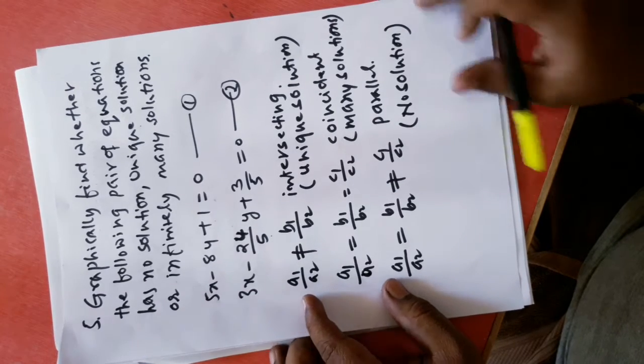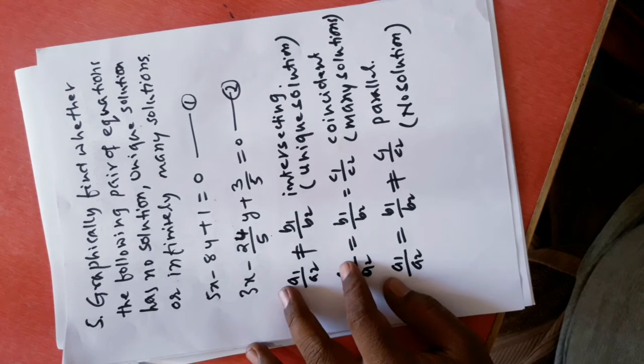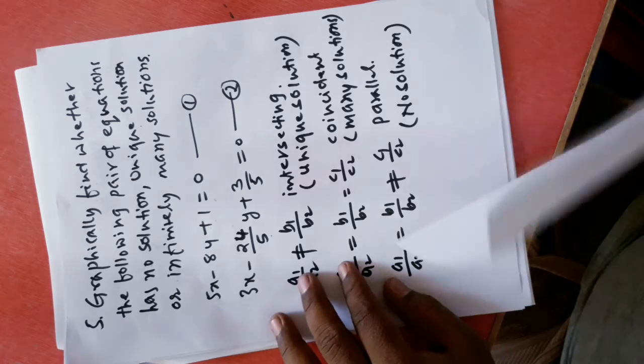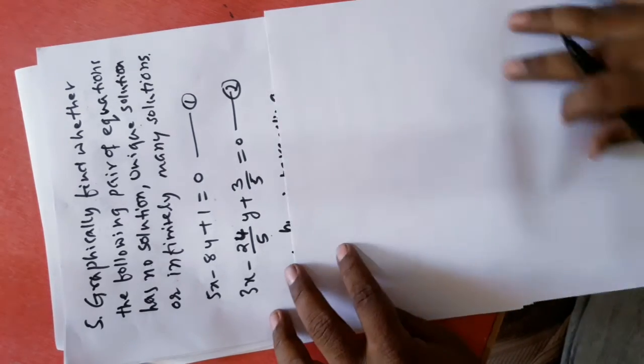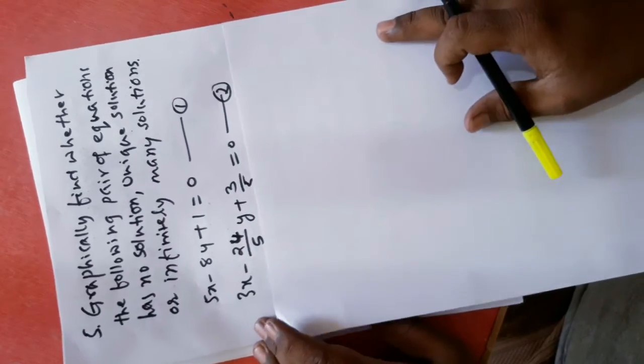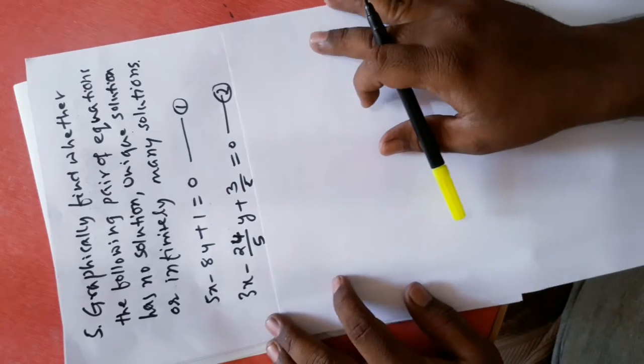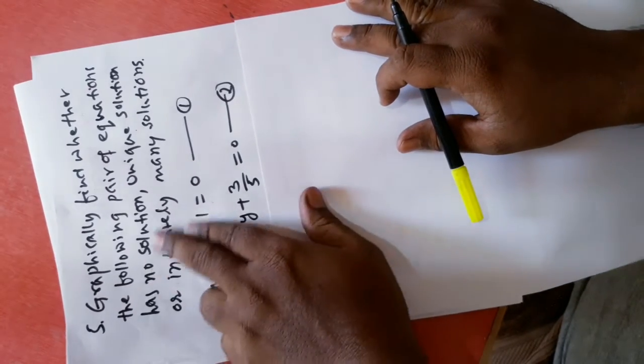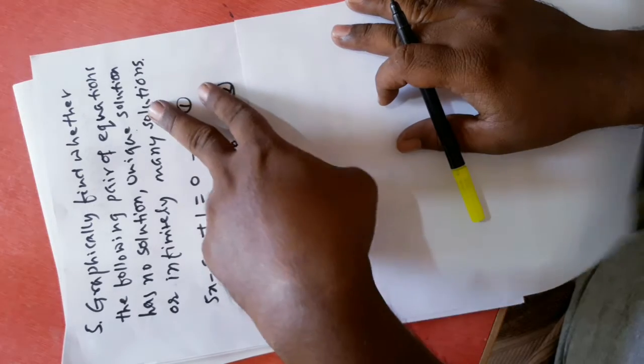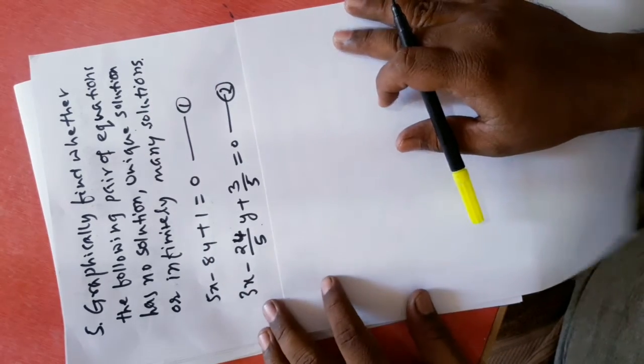Now let us solve this example and see whether these two pairs of equations are consistent or inconsistent, or whether they have no solution, unique solution or infinitely many solutions.